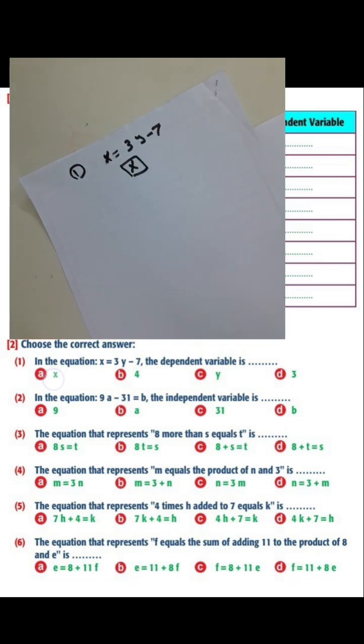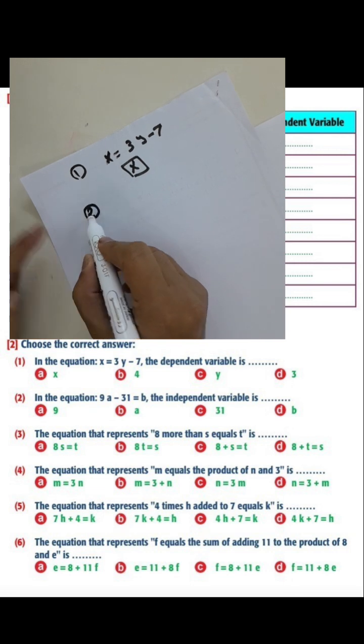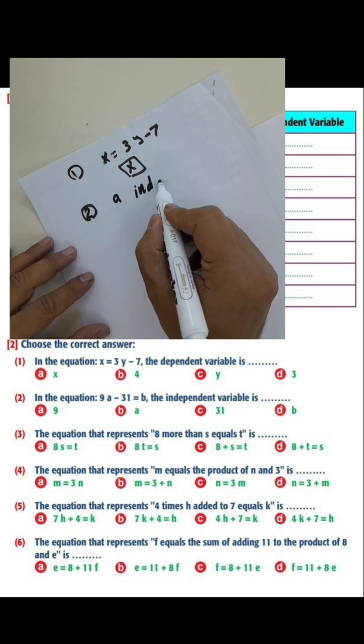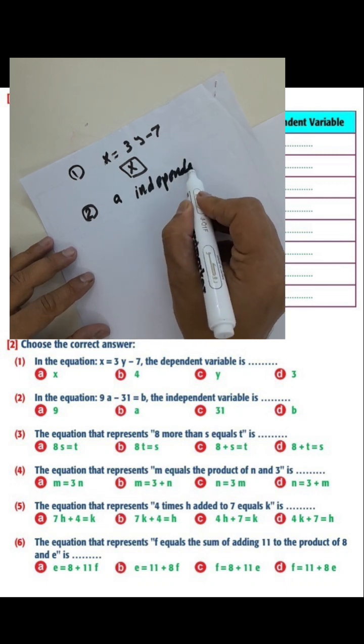Choose letter A. Question number 2. In the equation 9a minus 31 equals b, the independent variable will be a. We call it independent.